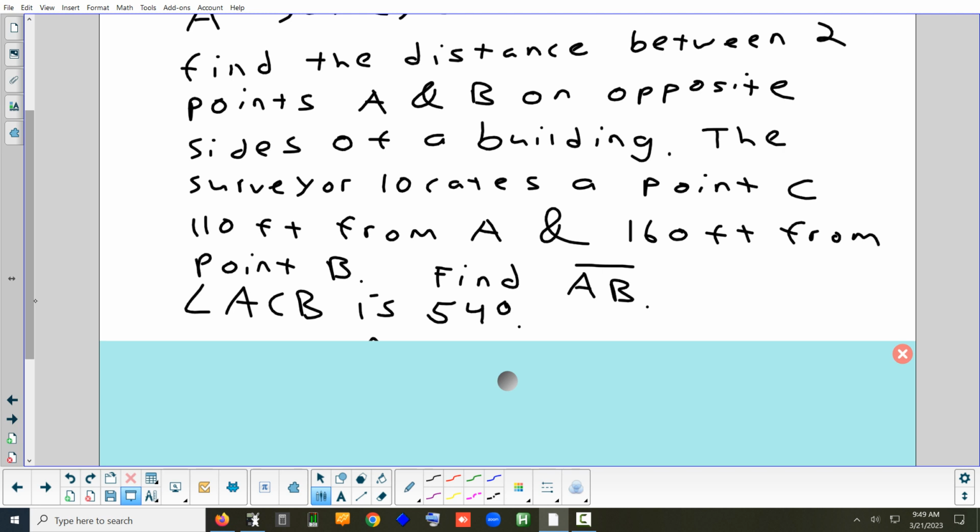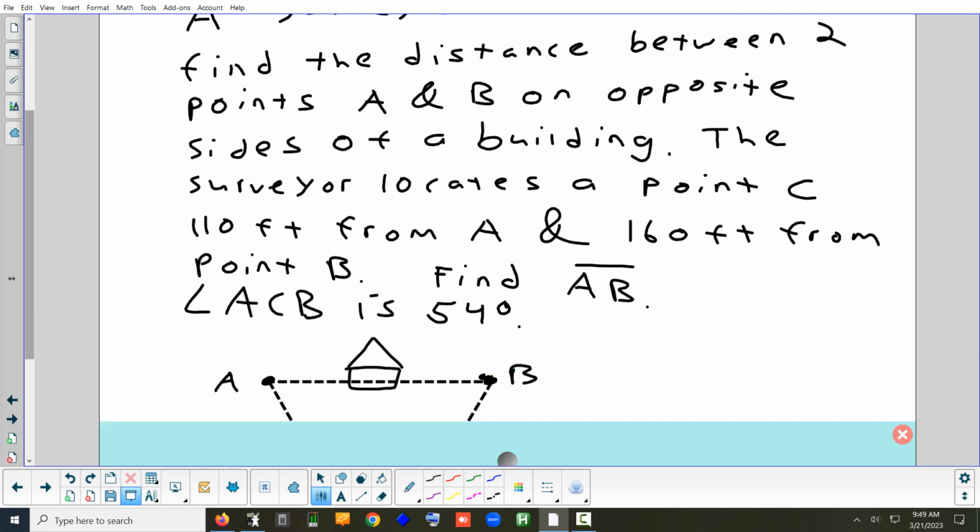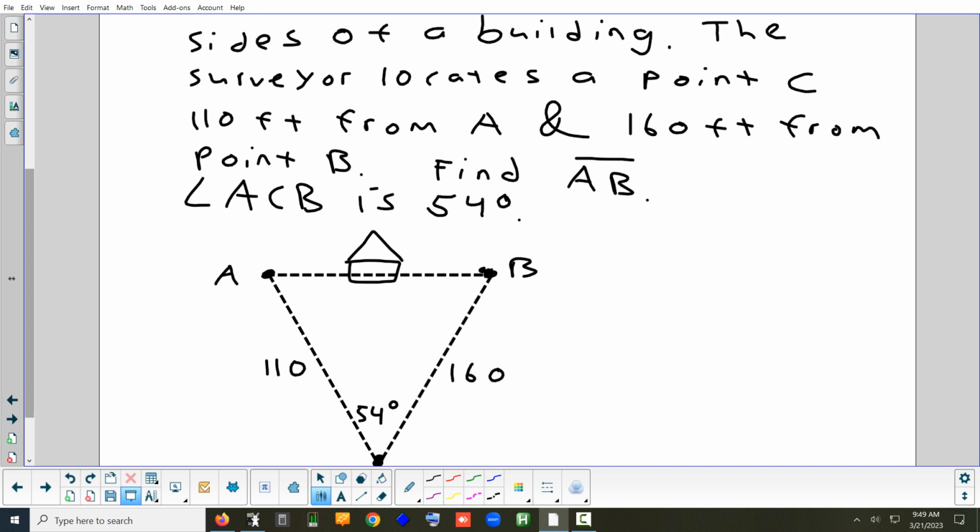Okay, so the surveyor is standing at point C. Let me show you the picture. So here's the surveyor. He's standing right there.